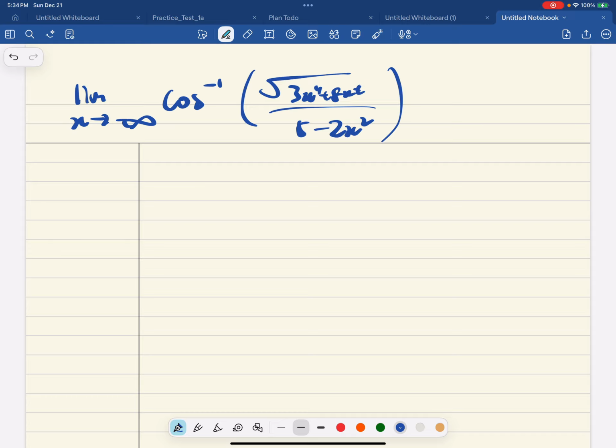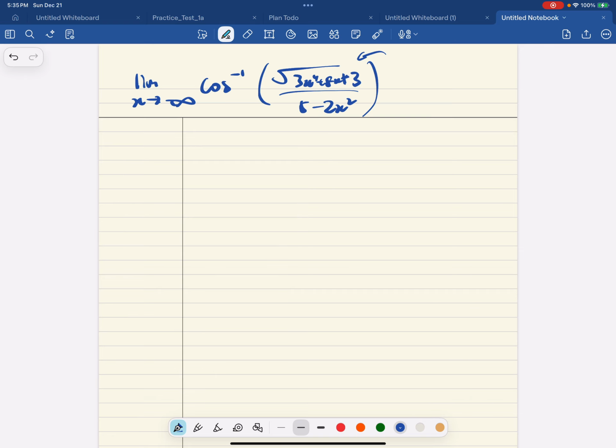Whatever you do inside the function will become the cos to the minus 1, which is the same thing as arc cos of the inside limit. So you want to first evaluate the limit of the inside parentheses. Since it's a limit as x approaches infinity, I should write arc cos.